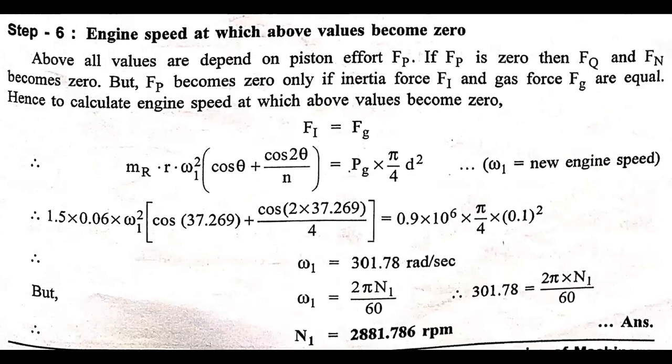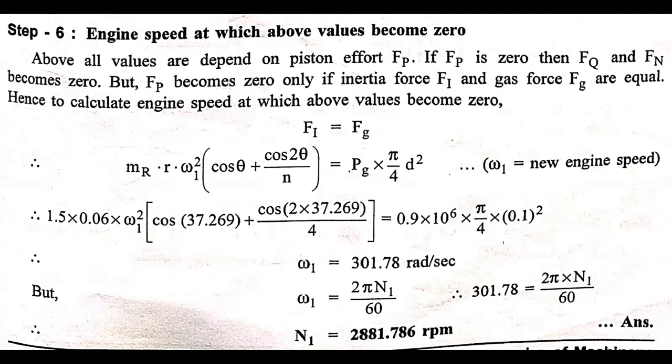And the engine speed at which the above values become 0. That means all the above values depend on Fp. If Fp is 0, then Fi and Fg become equal. So Fp becomes 0 only if inertia force Fi and gas force Fg are equal. Hence, to calculate the engine speed, we have to equate both of them.